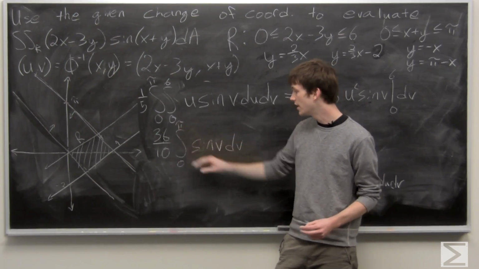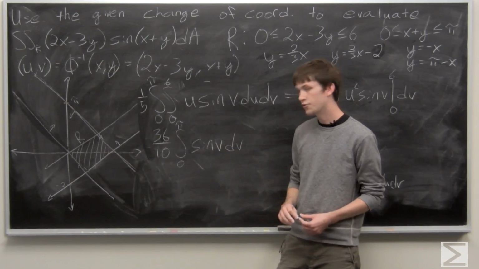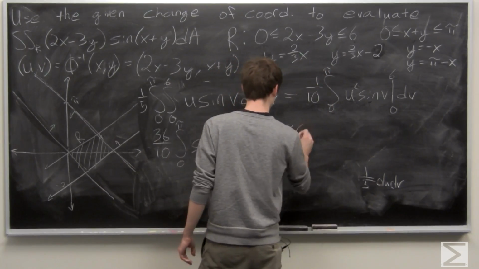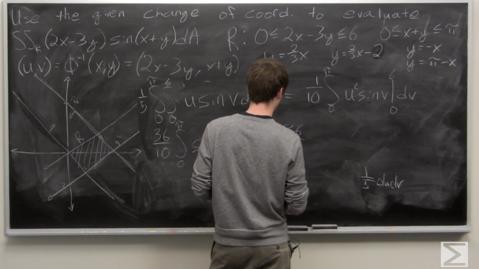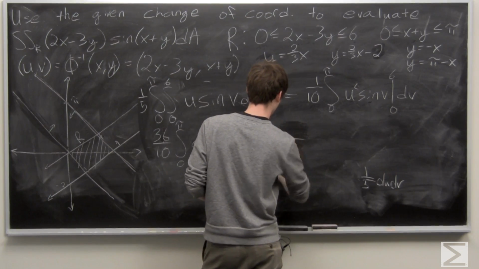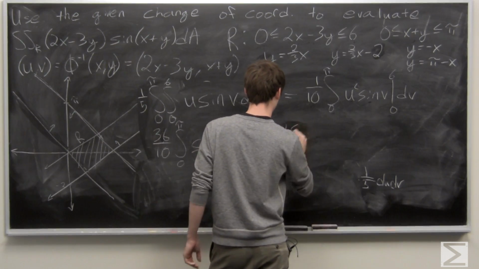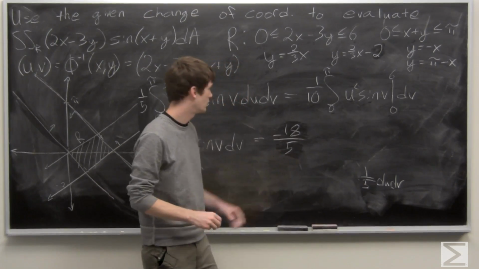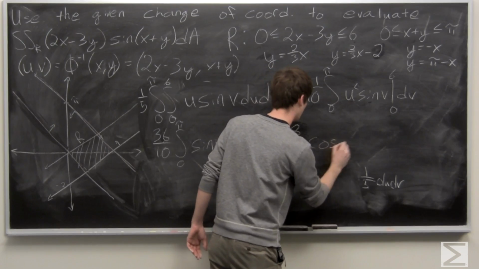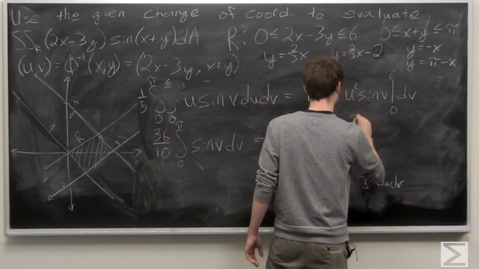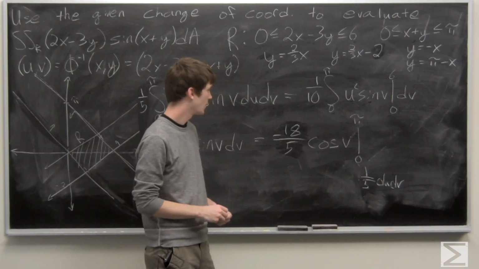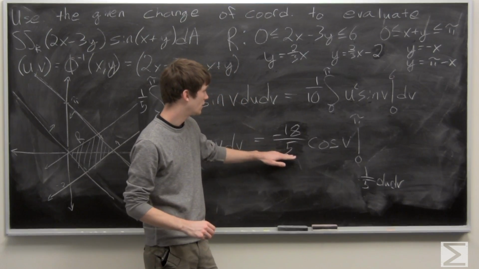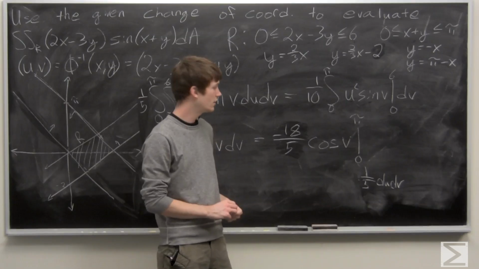The integral from 0 to pi of sine v dv. The integral of sine of v is negative cosine. So 36 over 10 is 18 over 5. Cosine v evaluated from 0 to pi. Okay? Cosine of pi is negative 1, so negative 18 over 5 times negative 1 is 18 over 5.